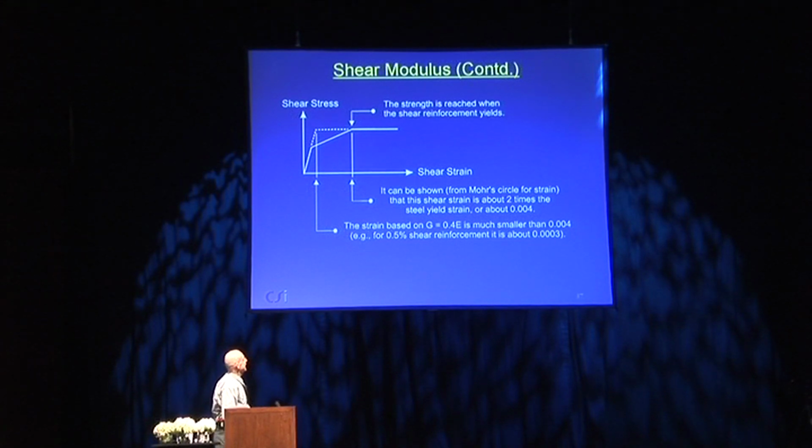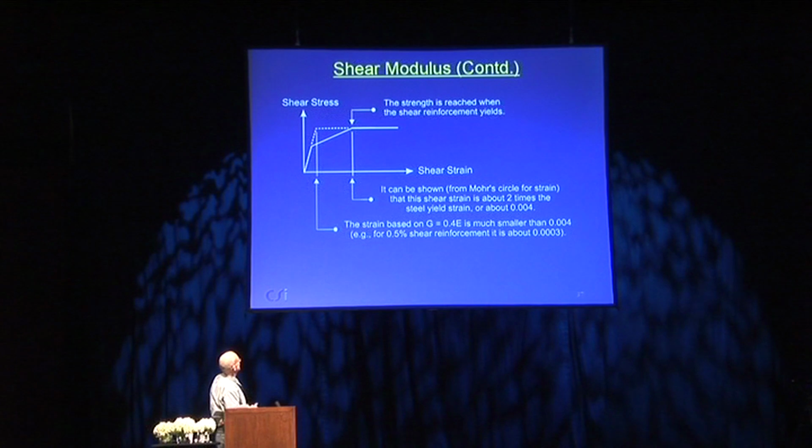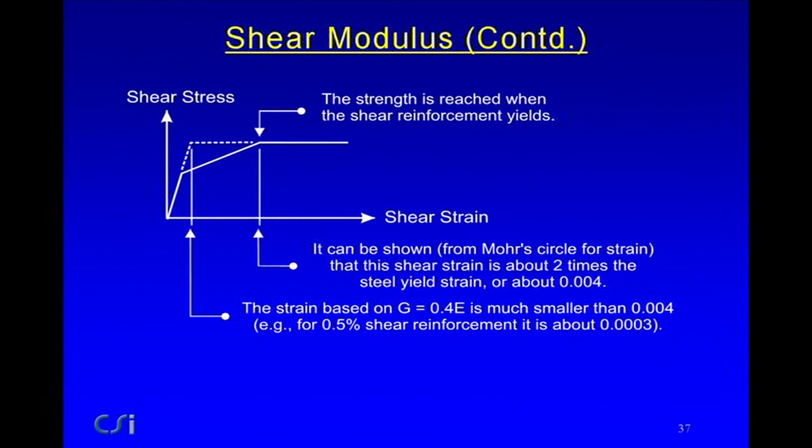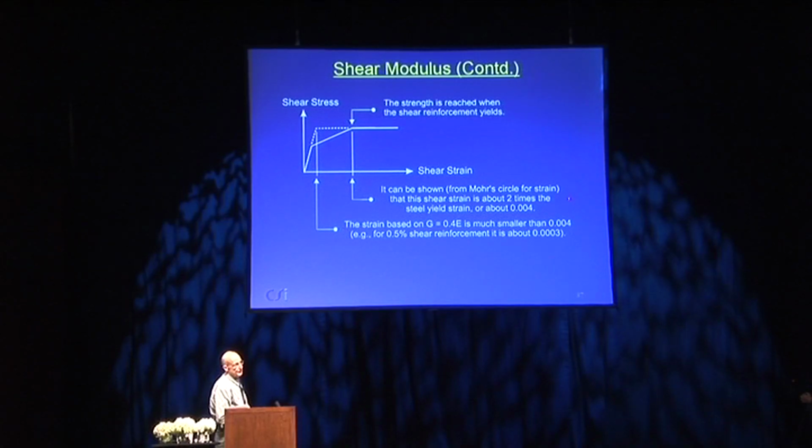If we look at the shear stress versus shear strain relationship, what will typically happen is maybe there'll be no cracking to begin with, then cracking will occur. After cracking occurs, it softens dramatically. And the ultimate strength here is basically reached when the shear reinforcement yields. I'm not going into the details, but you can show by playing around that this is roughly about 0.004 strain, 0.4% strain.